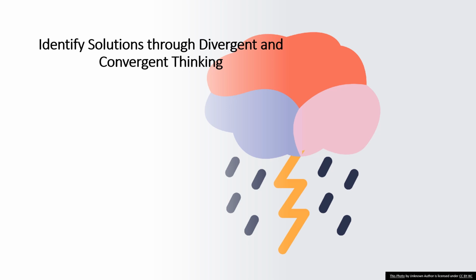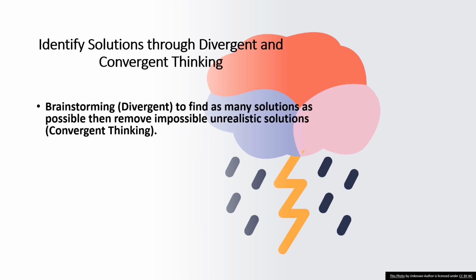I then used divergent and convergent thinking to identify solutions. Brainstorming is the divergent part, and I used it to find as many solutions as possible. Then I removed impossible, unrealistic solutions using convergent thinking.